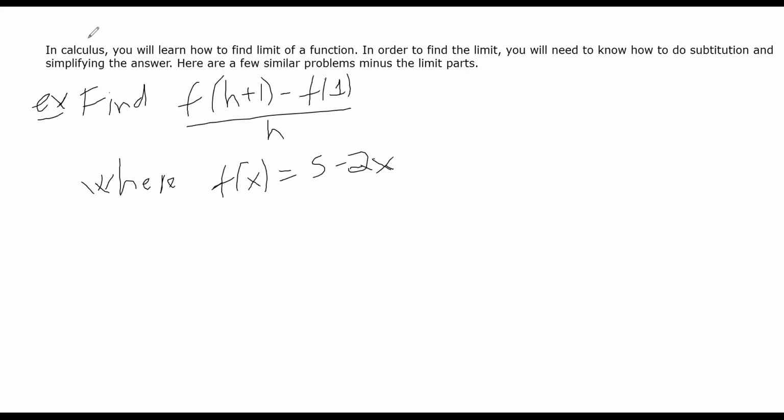My recommendation is be very careful, right? We've got to find f of 1 and then f of h plus 1. So step 1, I usually find f of 1 and f of h plus 1, then I do the substitution. That would simplify my life.